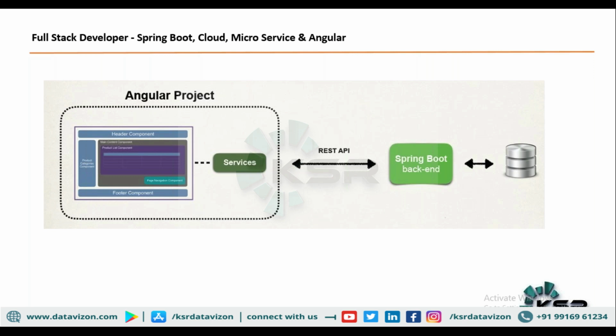So the data will be fetched from the database to Spring Boot, and Spring Boot in turn will return the data to UI through JSON format through REST API from Spring, right? And the services of Angular will fetch those information and render in the UI page.